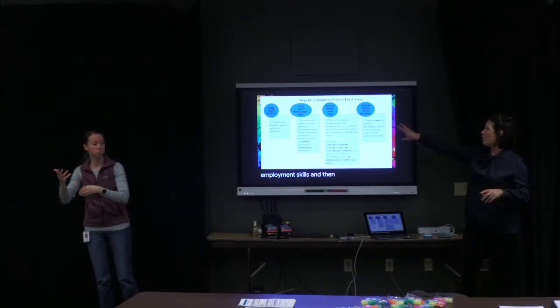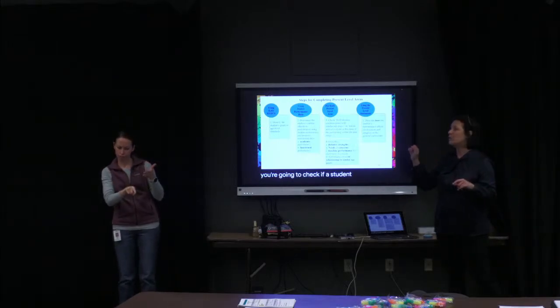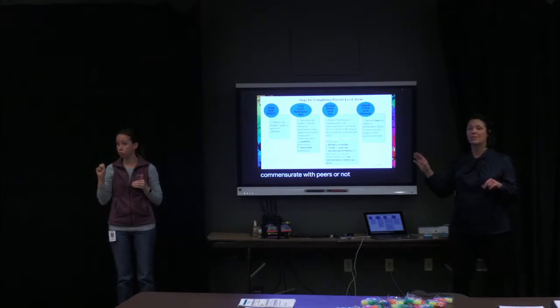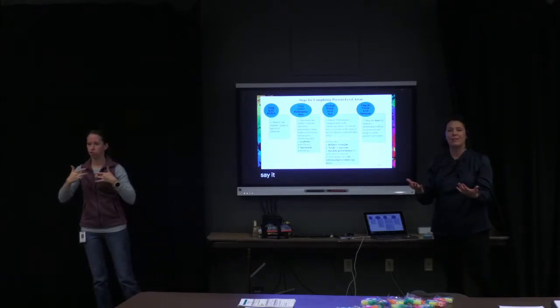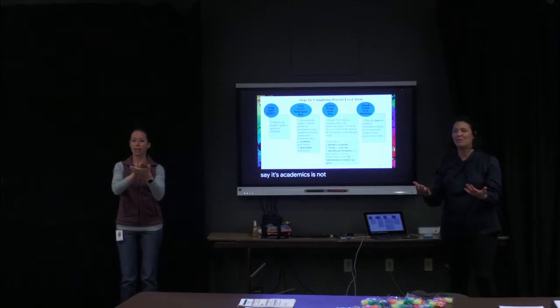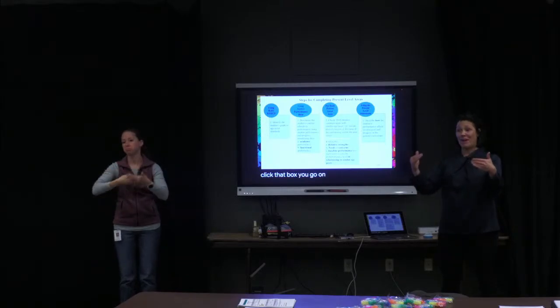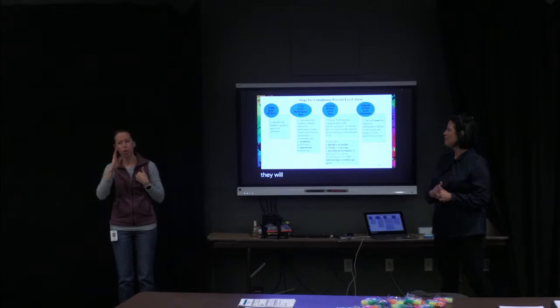And then for the third part, you're going to check if the student is commensurate with peers or not an area of concern at this time. So if a particular area, let's say it's academics, is not an area of concern, you click that box and go on. You're going to find another area, because they have an IEP, that they will have some concerns.